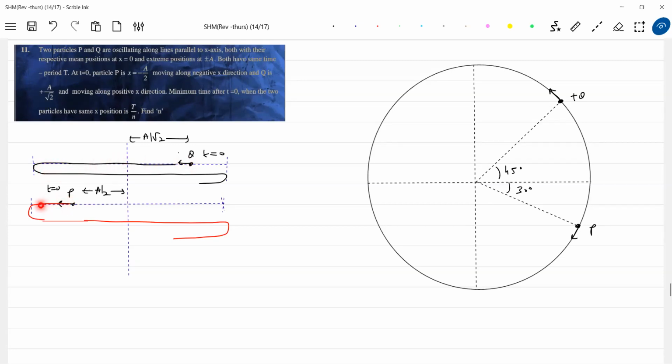So P will go here so that they can meet here. Let's assume they meet somewhere here, at time t.